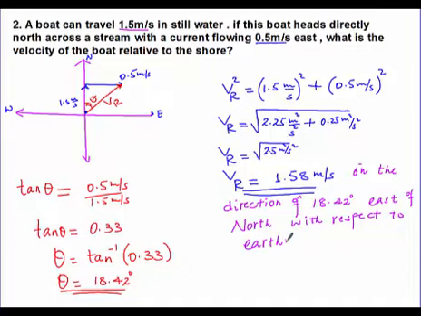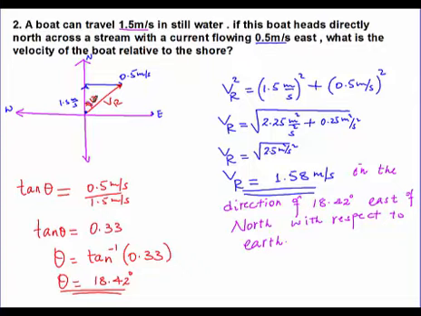We know that velocity is a vector physical quantity, and vectors need both magnitude and direction in order to be defined completely. The magnitude is already solved by using the Pythagoras theorem, that's 1.58. In order to find the direction, I used the tangent of the given angle theta.